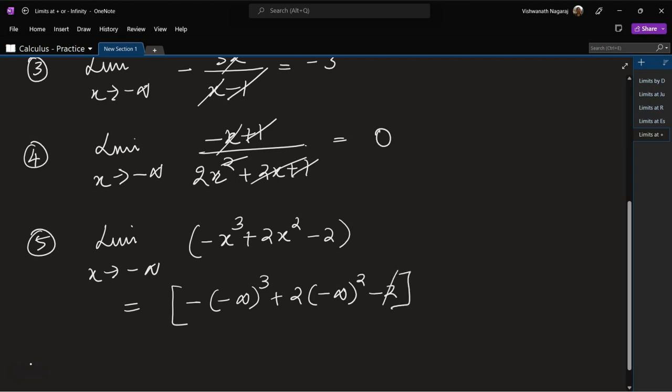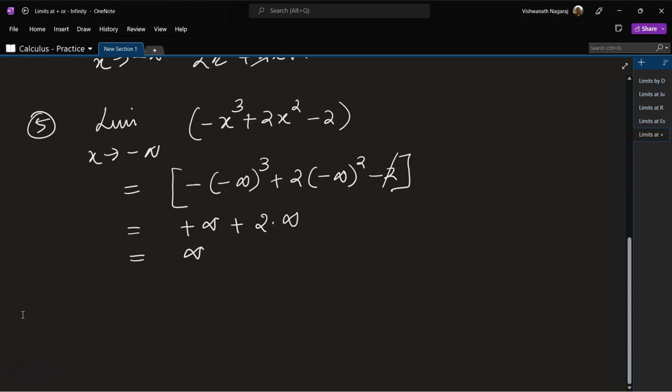This minus 2 we can ignore. Now minus infinity cube is going to be minus infinity. Minus into minus, plus infinity. Here it will become 2 times infinity, minus infinity square is infinity, which means it is going to be infinity. So you have to be careful with this minus.